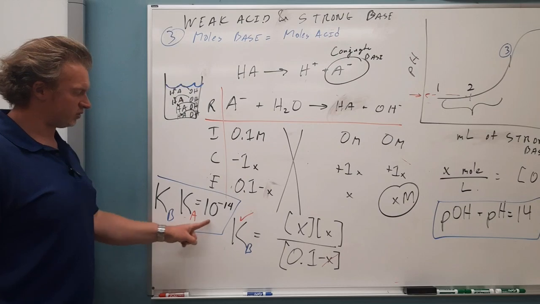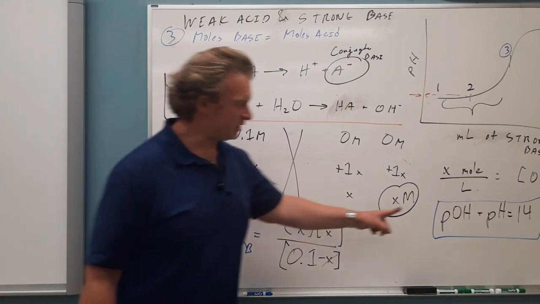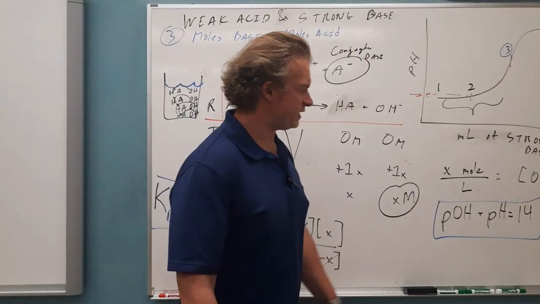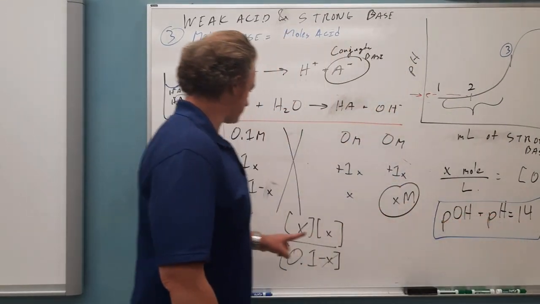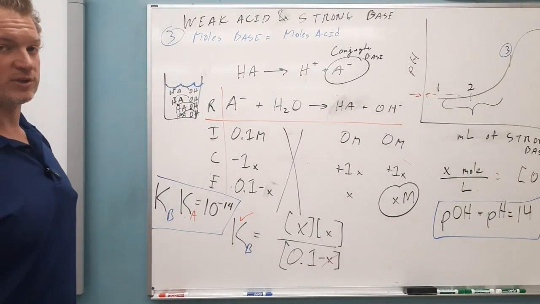Ka times Kb equals 10 to the negative 14, and pOH plus pH equals 14. And these are not a coincidence. They have specifically things to do with water here. I hope this helps. Thank you.